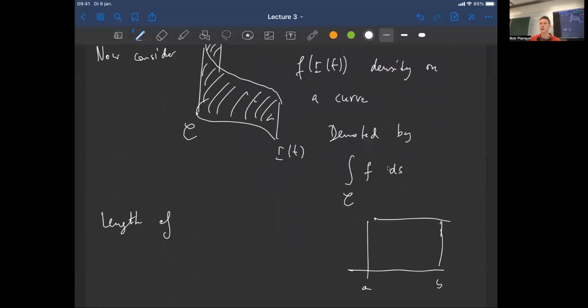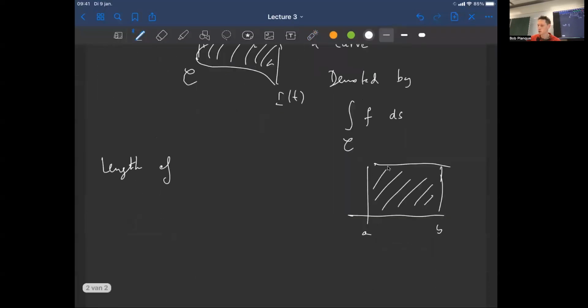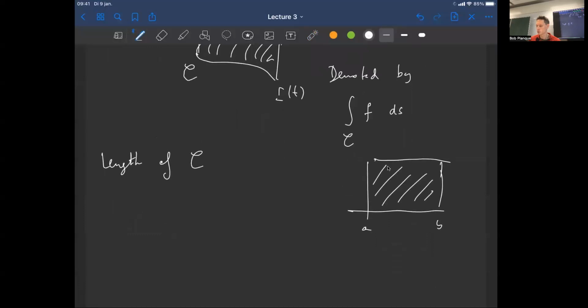What I'm going to get is the length of the part from A to B, because that is the same as this area. The length is B minus A, and the area is B minus A times 1. So that's the same thing. And so the length of this curve is nothing but integrating the density 1 over this curve.